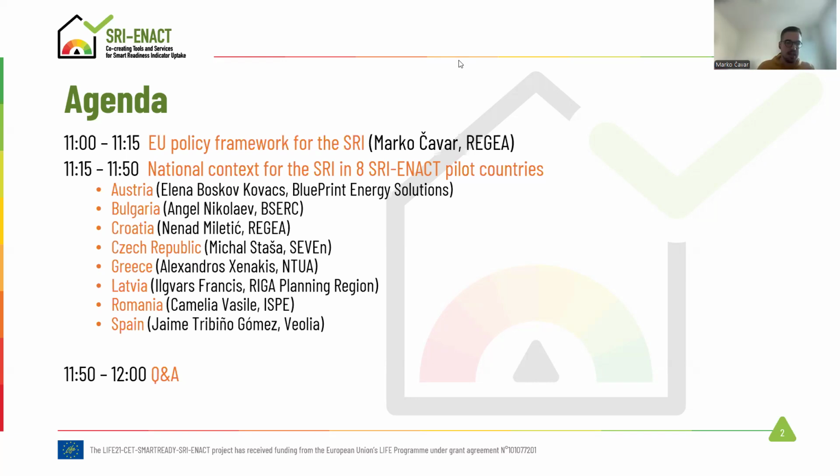For the start, I will give you a short overview of the policy framework in around 10 minutes, and then our partners on the project will give you the current state regarding the national context of each country, and we will wrap up with a short Q&A session.